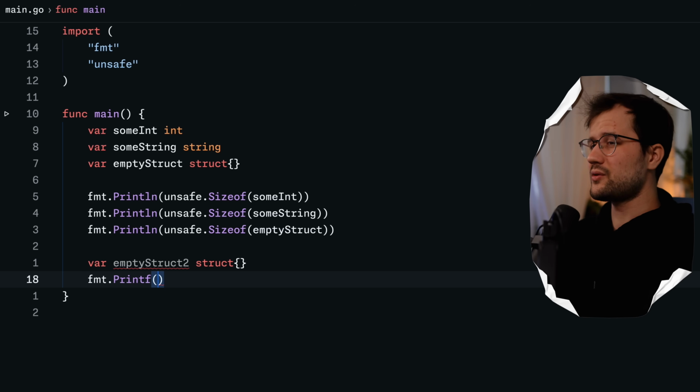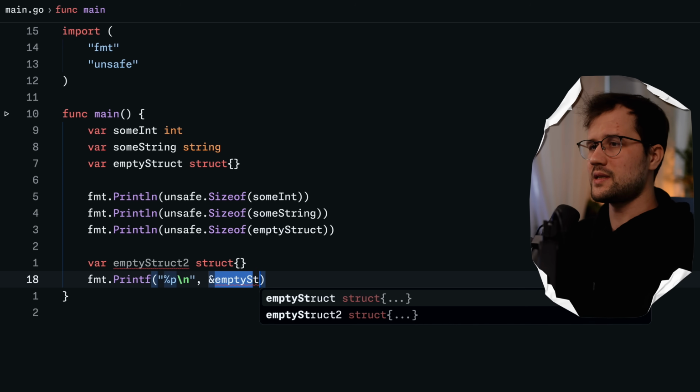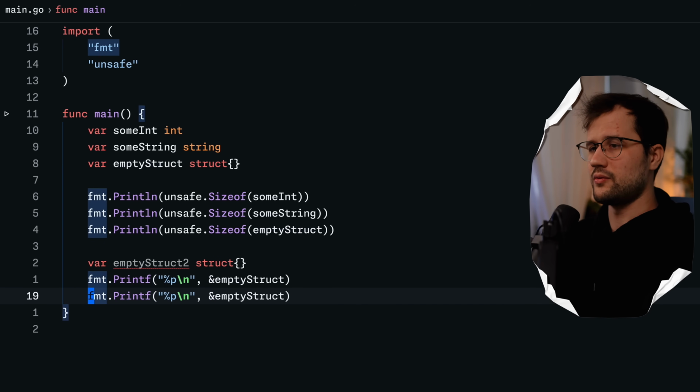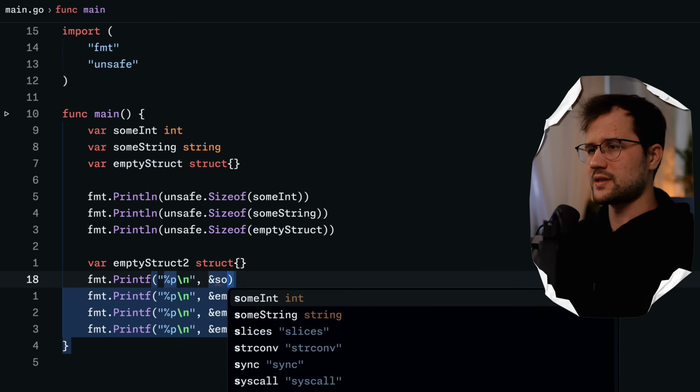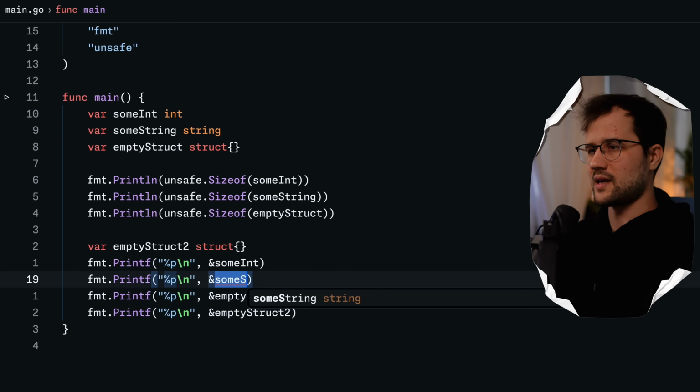To display the pointer address of a specific variable, we use %p in this case. And for formatting purposes, we use \n right here. Now we are going to use emptyStruct, do the same thing with emptyStruct2, and also print someInt and someString.